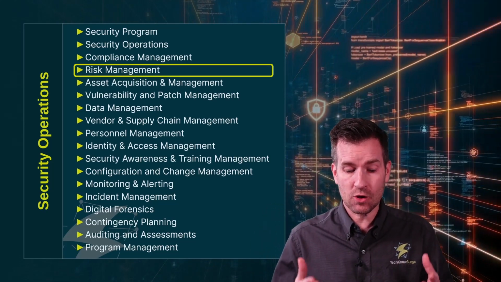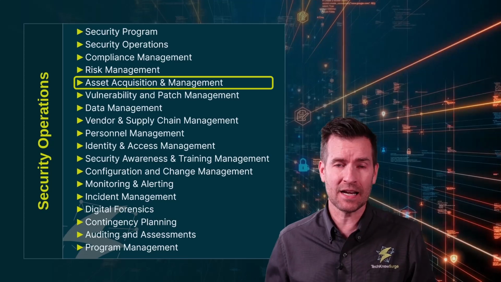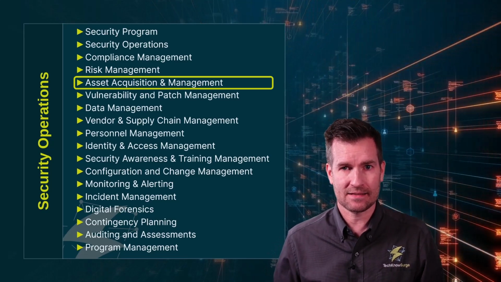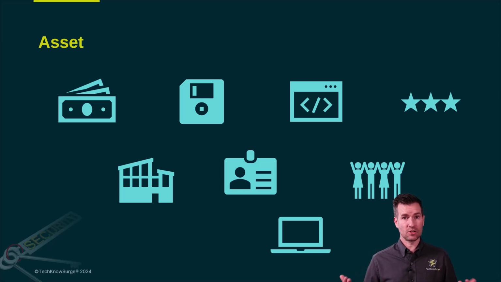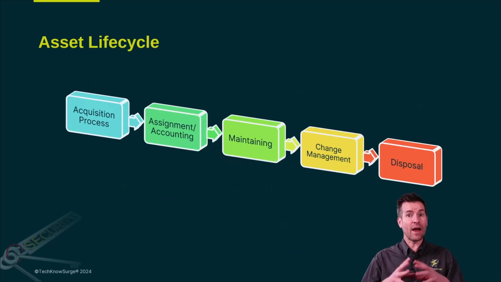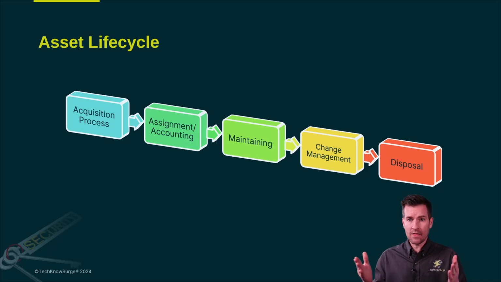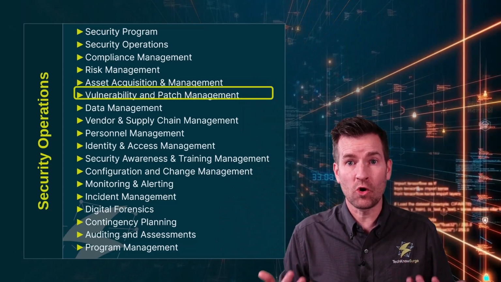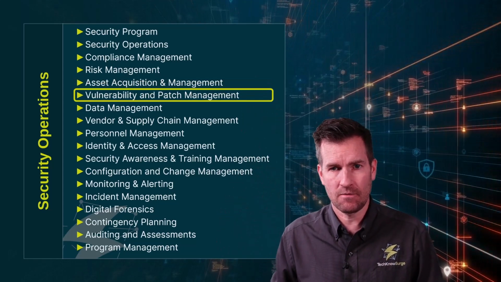So then we're going to get into asset acquisition and management, how we purchase those assets and how we manage those assets. And we'll take assets from a broad term, anything that has some sort of value. We'll talk about how to track those assets and how assets have a life cycle. And we need to make sure we're managing these assets through that life cycle. But assets have certain vulnerabilities. So we're going to look at those vulnerabilities and how to manage vulnerabilities.